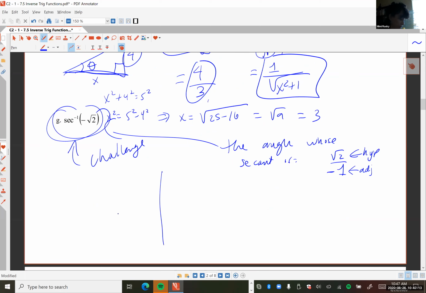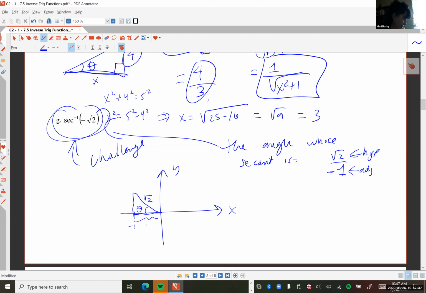And you're probably thinking, yeah, but if we're talking about a triangle, you better not have negative lengths. You're right. But what I'm going to do to overcome that is draw the -1 in the negative x direction. So there's my adjacent side length, there's my theta, and my hypotenuse is square root of 2. So I'm going in the negative direction there.